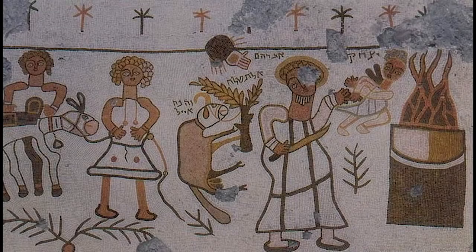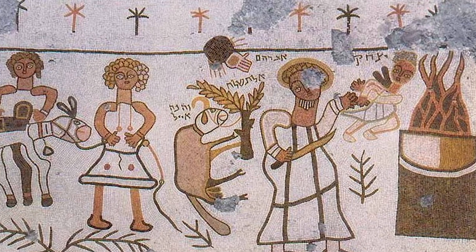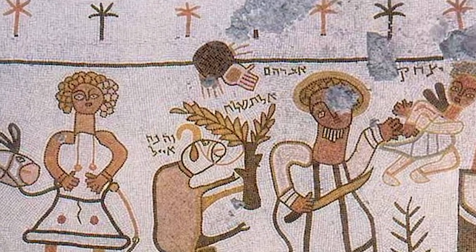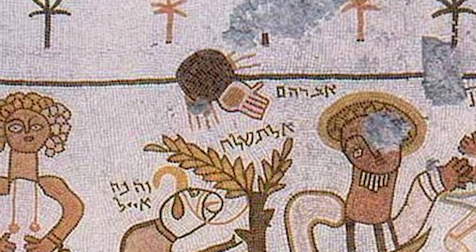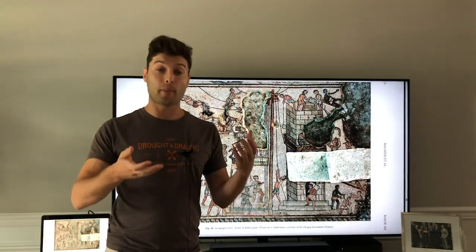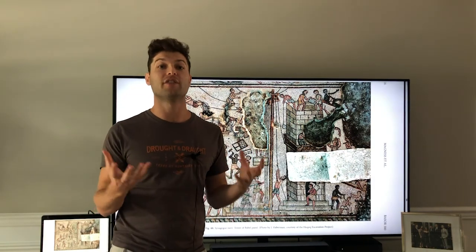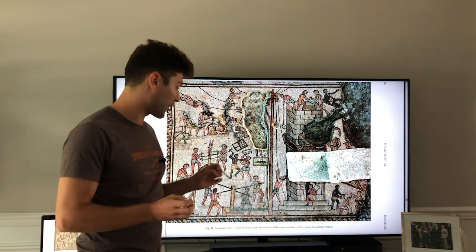So for example, in Beit Alpha, which is a synagogue very near the synagogue at Huqoq, there's an image of the sacrificing of Isaac that has an angelic or divine hand coming down from the sky that's interjecting into the story. So we have evidence that if the people who were commissioning this wanted to put a representation of the divine into the scene, they could have done that, and that that was done elsewhere.